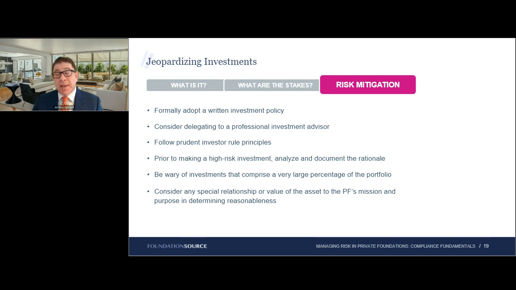I've seen foundations have special board meetings if they're going to make a very large and risky investment to reflect in the minutes the reasons why they made the investment and why they think that it's a prudent investment to make, given all the facts and circumstances.